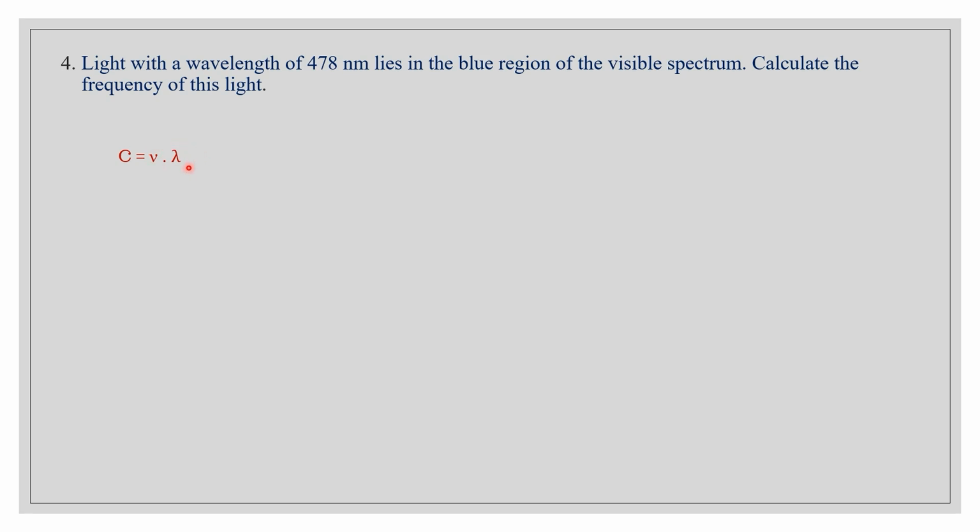Before we apply this equation, we have to convert nanometers to meters. 10 to the power 9 nanometers equal 1 meter. So after we convert 478 nanometers to meters, dividing by 10 to the power 9, the answer is 4.78 times 10 to the negative 7 meters. Applying this equation, nu is equal to 6.28 times 10 to the 14 per second, or in other units, hertz.